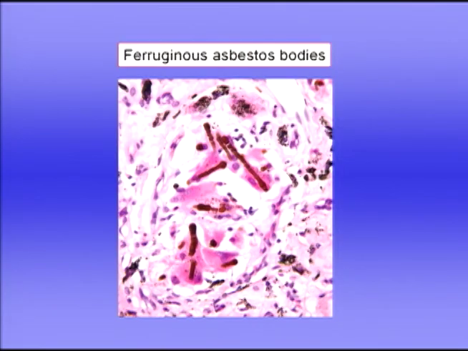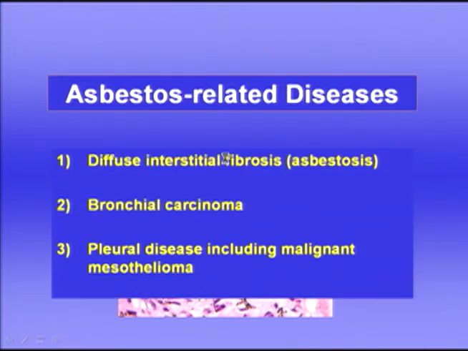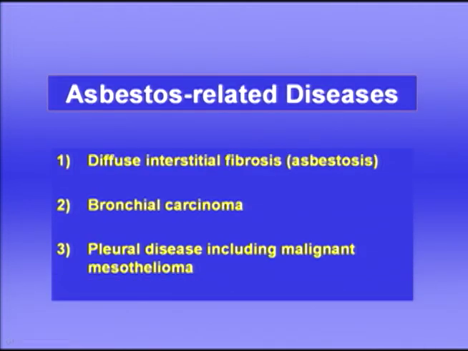Once they get into the lung, they generate a pretty fierce reaction, and you can see the asbestos material here, and this red ferruginous asbestos body, it's what it's called, and these can actually be coughed up in the sputum, and you can see these asbestos bodies in the sputum. Now there are 3 different asbestos-related diseases.